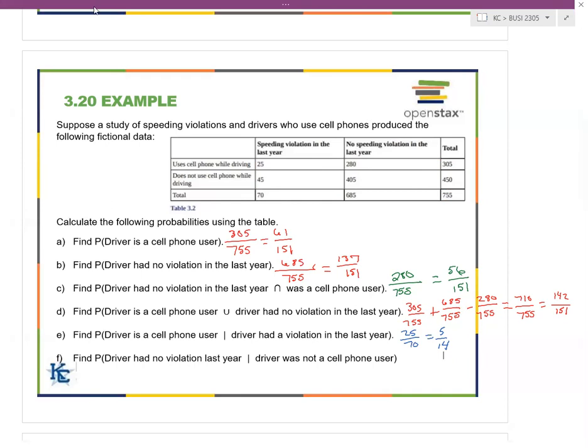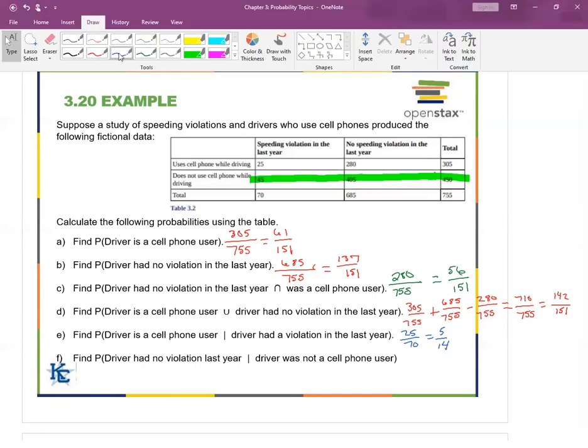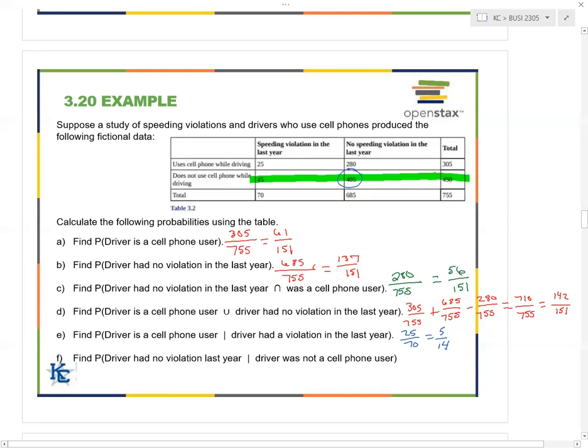What we're looking at is we know that the driver was not a cell phone user, and so the driver had no violations last year. So we get 405 over 450, which is 9/10.